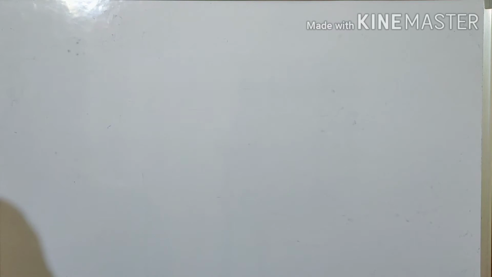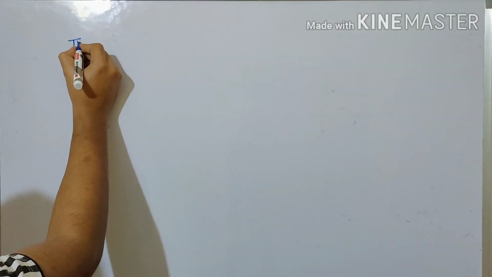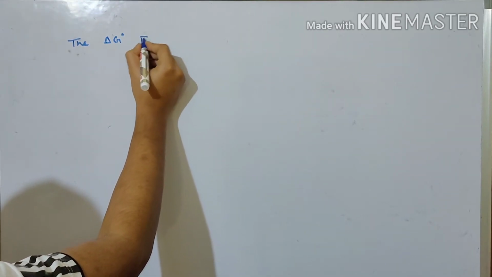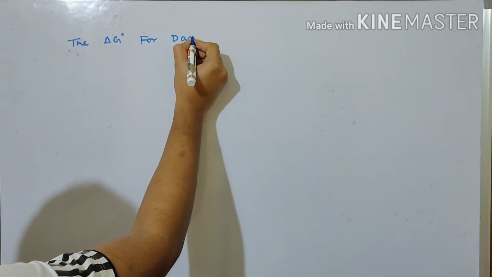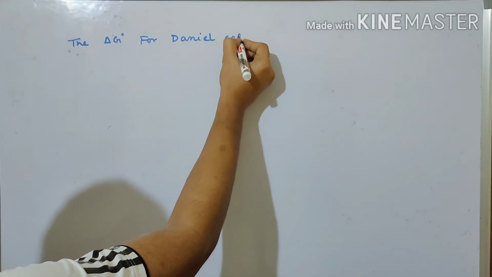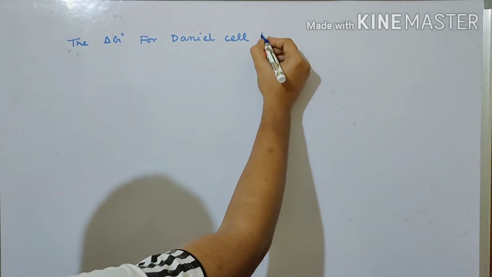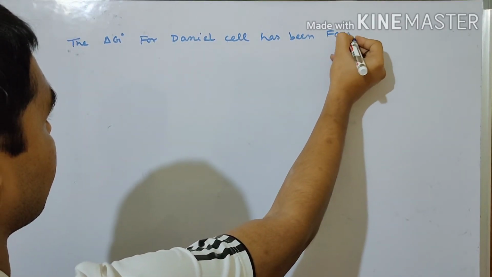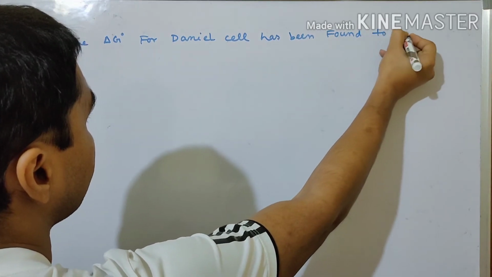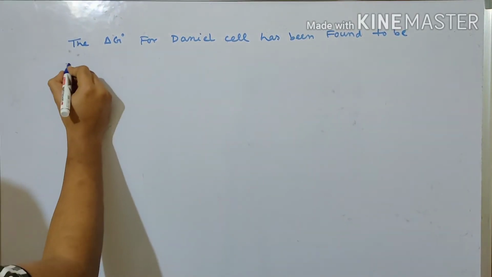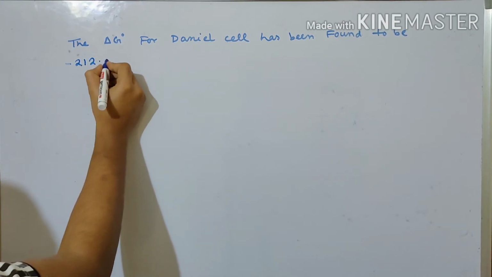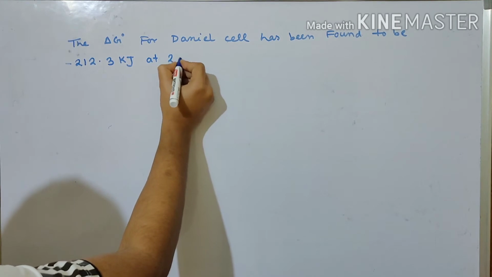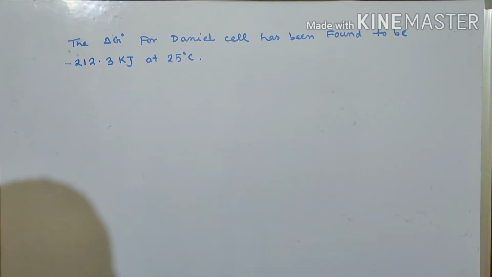Question is, the delta G0 for a Daniell cell has been found to be minus 212.3 kilojoule at 25 degrees Celsius.